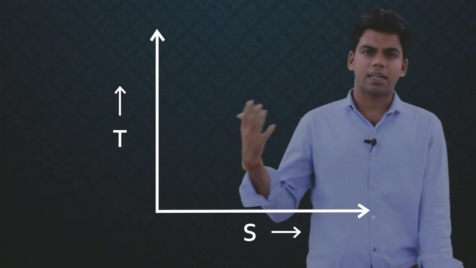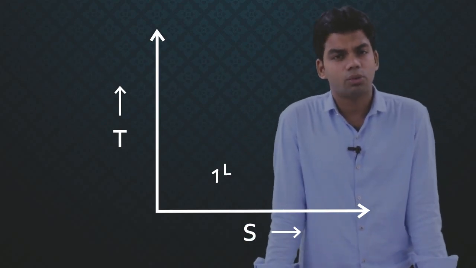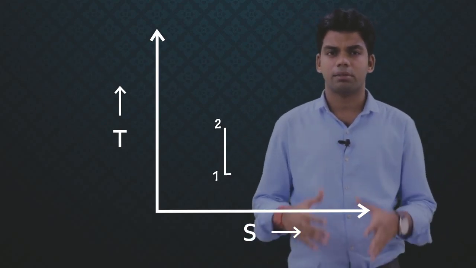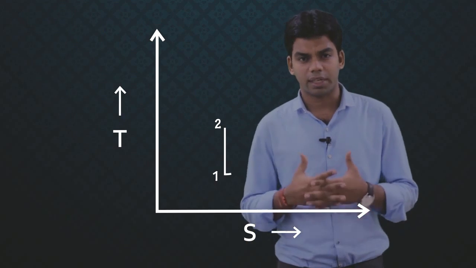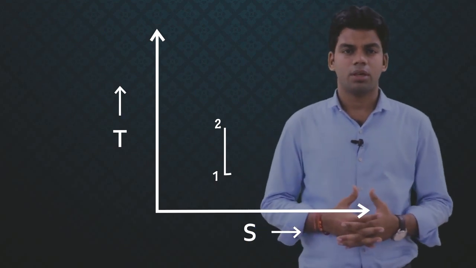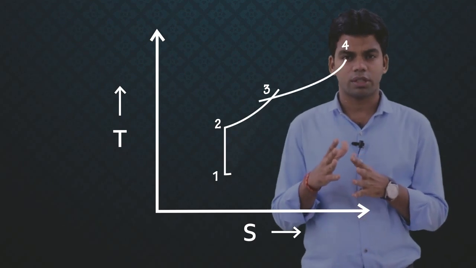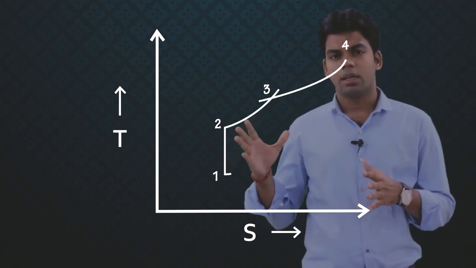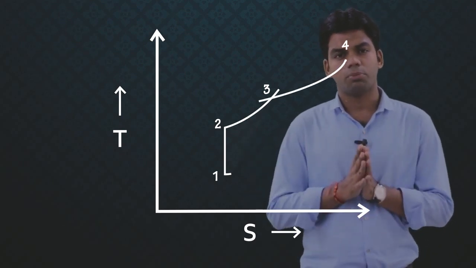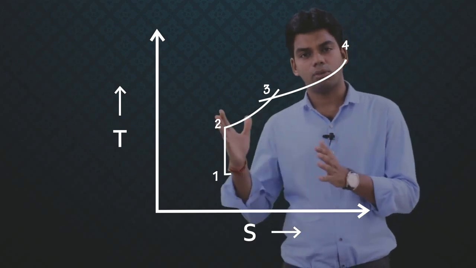If I draw the TS diagram, how would it look? 1-2 is a reversible adiabatic compression process, a vertical line, an isentropic process. 2-3 is a constant volume heat addition process, and 3-4 is a constant pressure heat addition. You can see in the figure that the constant volume process has more slope as compared to constant pressure.